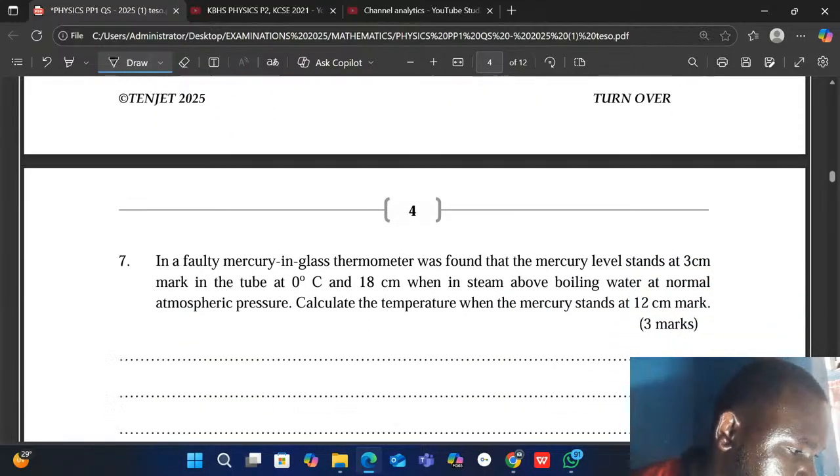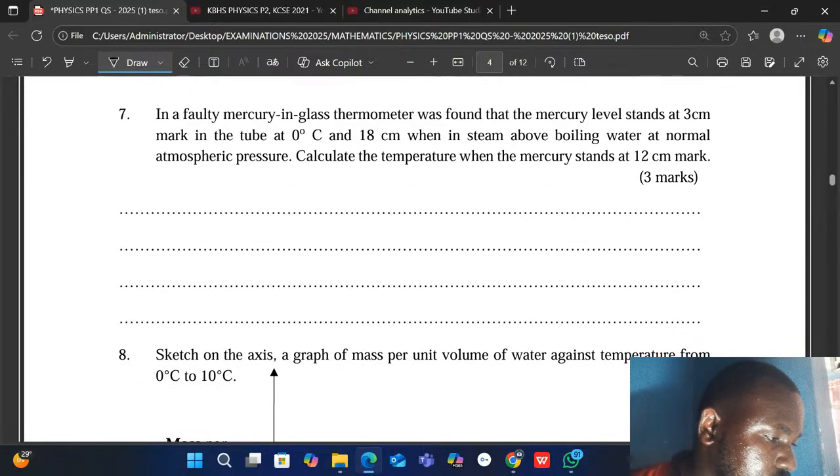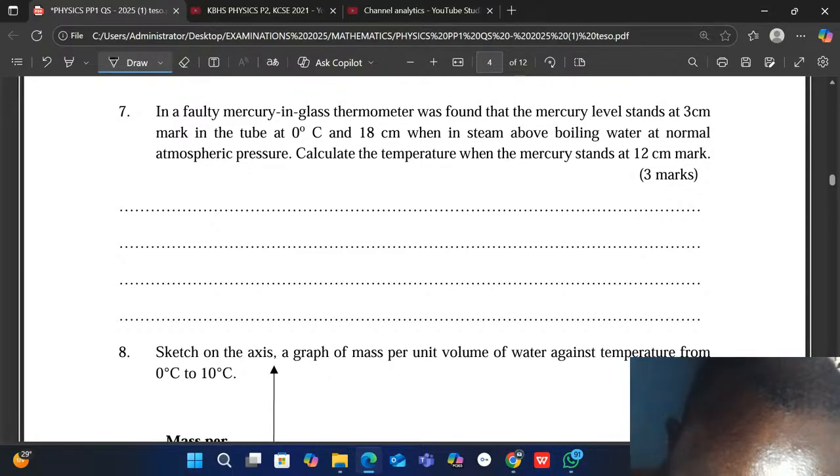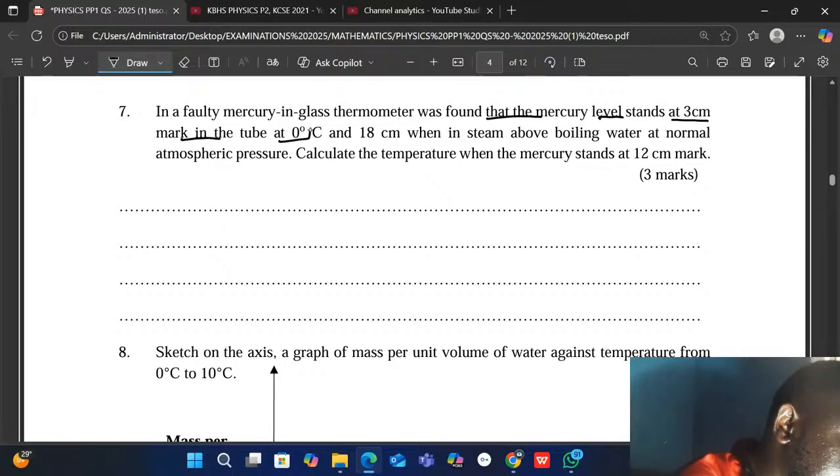Can I move to our question 7? Which reads, in a faulty mercury glass thermometer it was found that mercury level stands at 3 centimeters mark in the tube at 0 degrees Celsius and 18 centimeters when in steam above boiling water at normal atmospheric pressure.